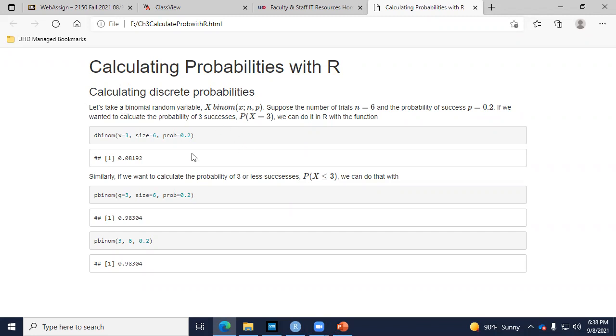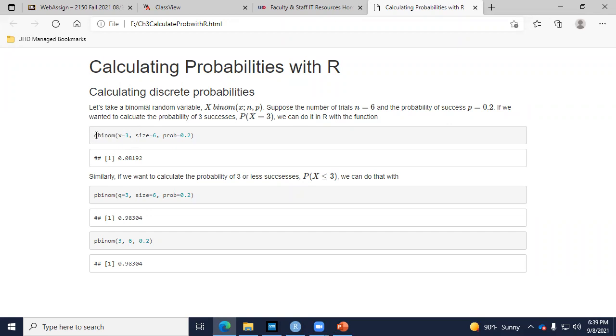I think this is the beginning. Let's take a binomial random variable X. X follows a binomial distribution with parameters n and p. Suppose the number of trials n equals 6 and the probability of success for each of the Bernoulli trials is 0.2. If we want to calculate the probability of 3 successes, which is the probability of X equal to 3, we can do it in R with this function.